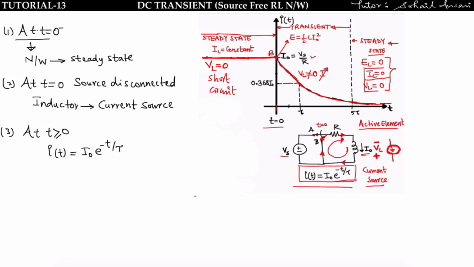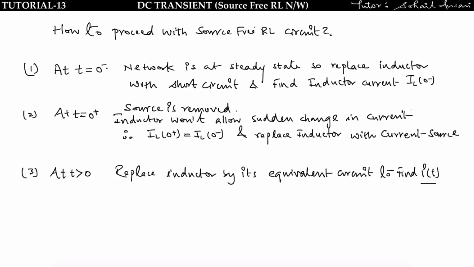These things we discussed in the previous lecture. If you are having any problem, go to that lecture and study from there. In today's lecture we will solve some numericals based on the source free RL circuit. Before proceeding we should know the steps to follow. In any source free RL circuit we will make three circuits: first, second and third. We make the first circuit at t equal to 0 minus. In this circuit the network is at steady state, so we replace the inductor with a short circuit and find the inductor current iL(0 minus).